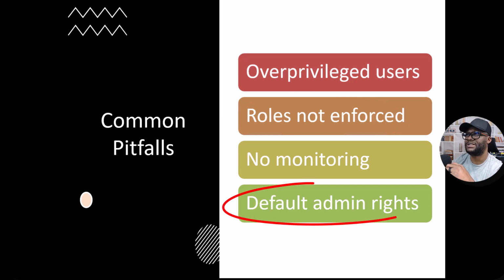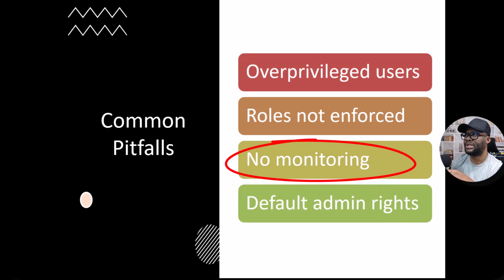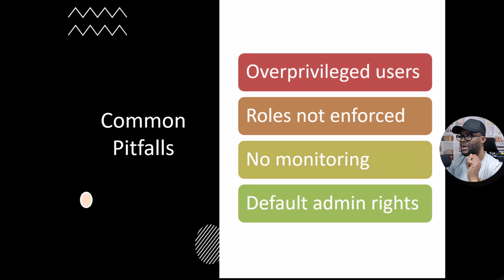You have default permissions, with systems deployed with broad access. You also have no monitoring: actions are not logged, so abuse goes undetected. And the biggest issue is that we trust our users. We are talking about controls here, and trust is certainly not a control.